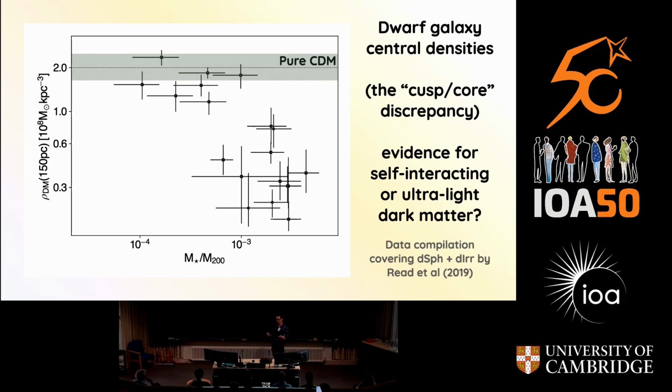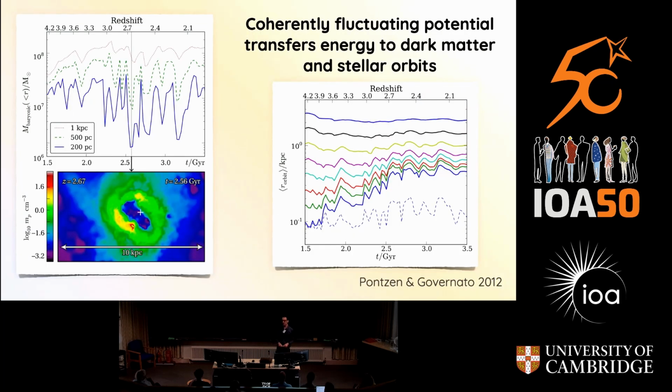So this is something known as the cusp-core problem. And you can interpret this as evidence for self-interacting or ultralight dark matter, some kind of exotic extension of the CDM paradigm. But it's been known for a long time that baryonic effects can actually make the dark matter migrate outwards. And so the question is, what does this kind of formation history affect?